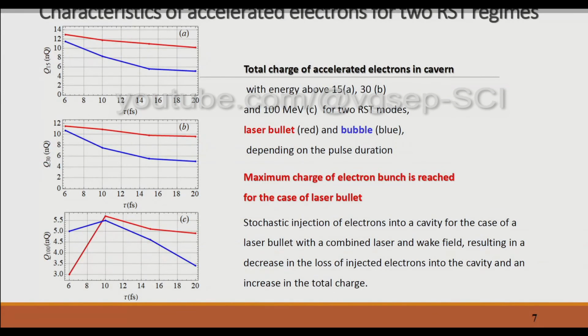We see a monotonic decrease of the charge depending on the duration, for this cutoff of 15 mega electron volts and 30 mega electron volts, but the case may be different for short pulses, for the cutoff of high energy electrons.